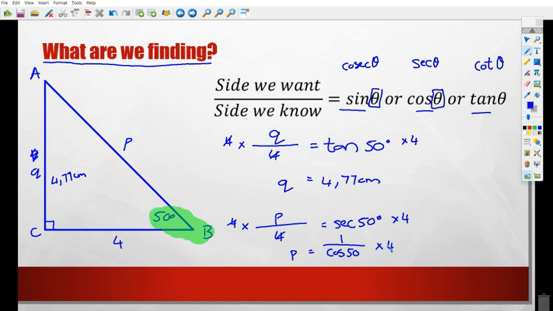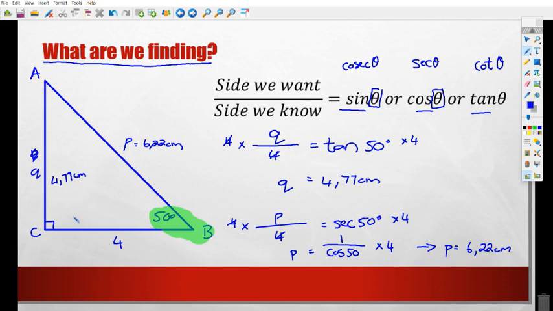This 4 is outside of the fraction, guys. Some of you say 1 over cos of 50 times 4 with the times 4 underneath in the denominator. No, the times 4 is outside of the fraction. What do you get for P? P is equal to 6,22 centimeters. So P over there is 6,22 centimeters.